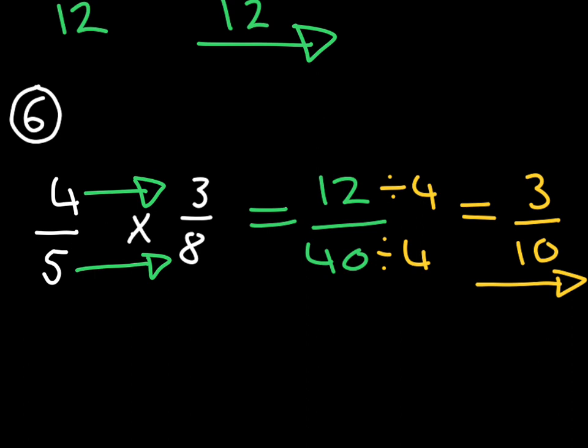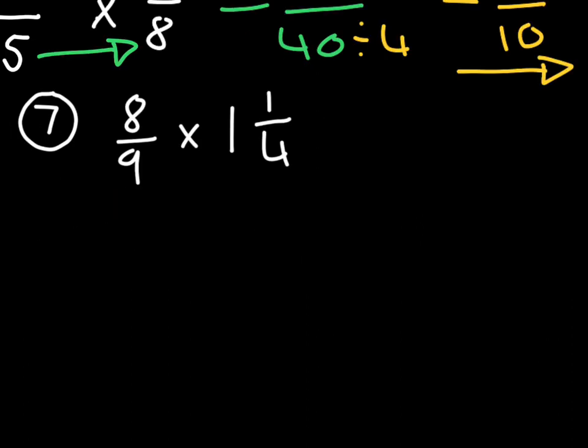For question 7, we need to multiply 8 over 9 by 1 1/4. Now obviously we see that this is going to cause a few problems. So to prevent that, we need to turn that fraction into an improper fraction. So let's do that.